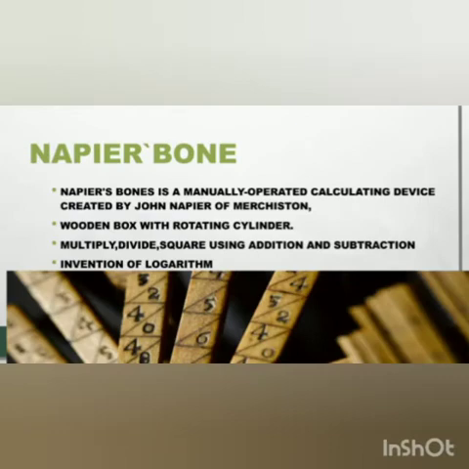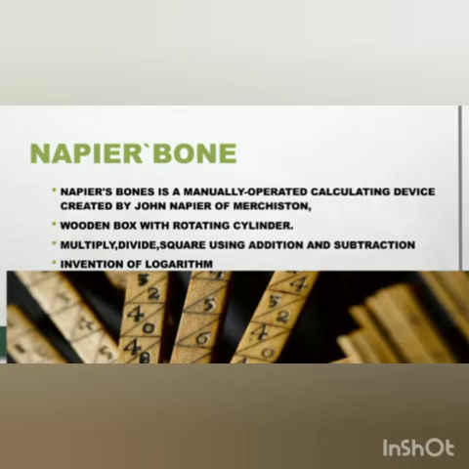Next is Napier's bones. It is manually operated. What does the word manually operated mean? It means something that is operated with hand. It was created by John Napier. It basically consisted of a wooden box.